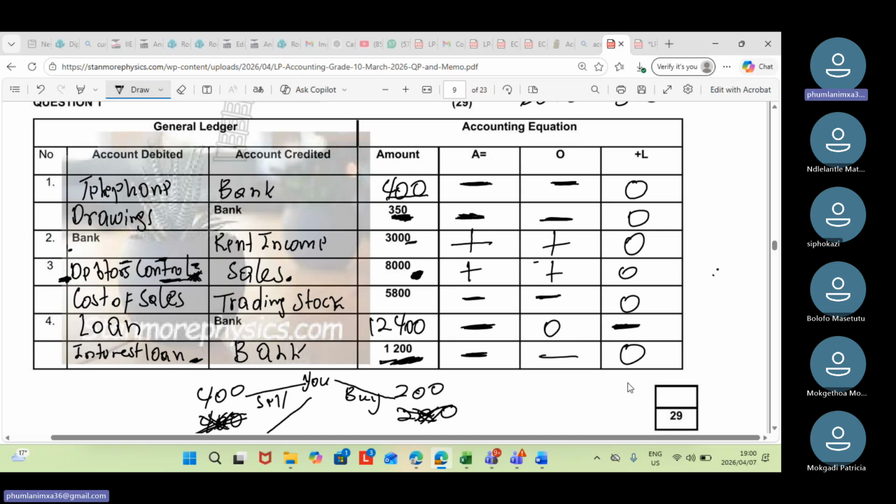Okay, so I think we are done with our example for our lesson today. So if you have any questions, guys, you can ask. And please note that I've recorded this lesson and then I will send you the recording so that when you get time, you go through the lesson again and make sure that you understand. So I've sent the question paper on the group, question 1, question paper and the memorandum, and then I will send the recording as well.